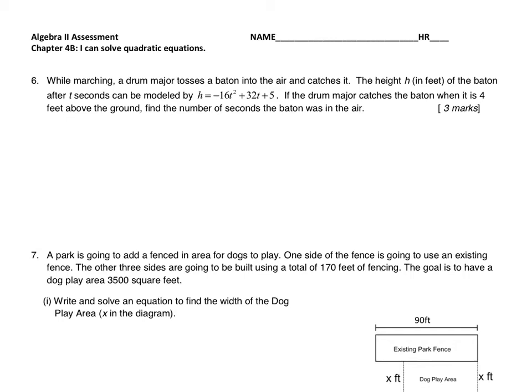So we've seen this equation a few times, but they have it all already filled in for us. If the drum major catches the baton when it is 4 feet above the ground, find the number of seconds the baton was in the air. So she catches it when it was 4 feet above the ground, so that number is my h there. Because remember, h is the ending height.